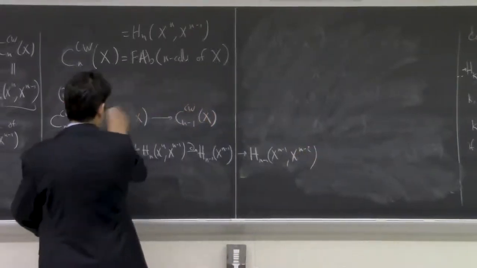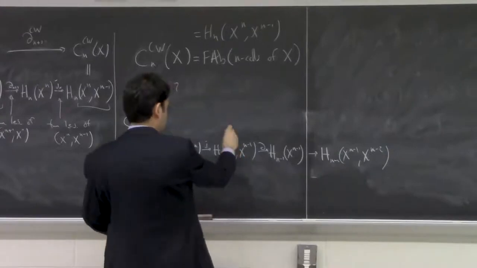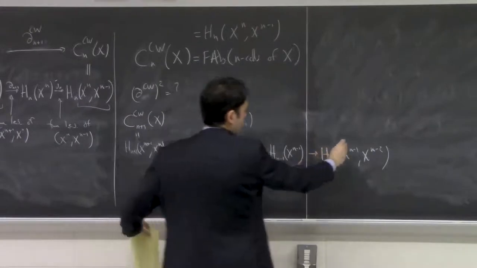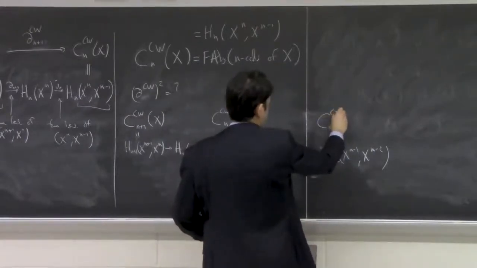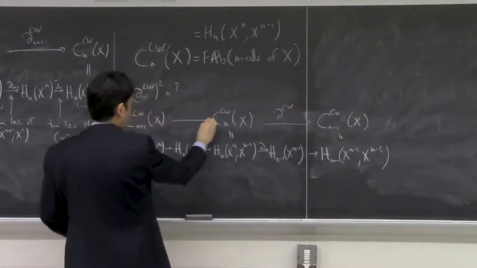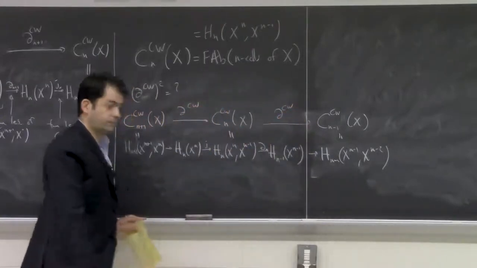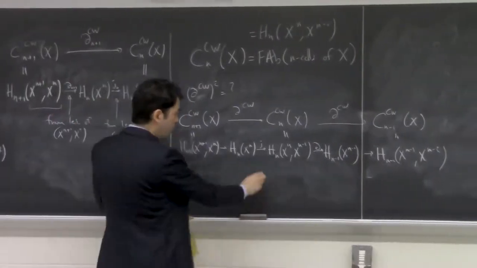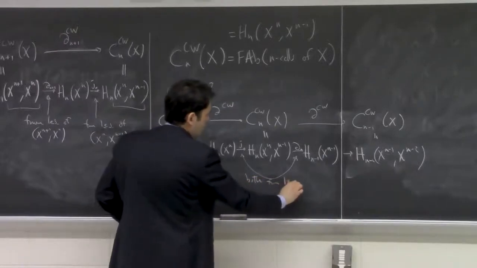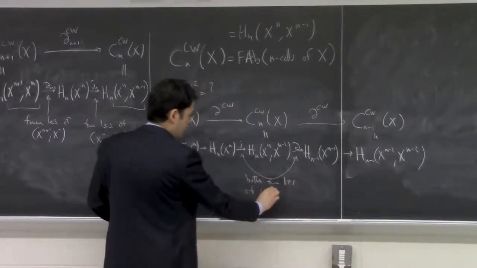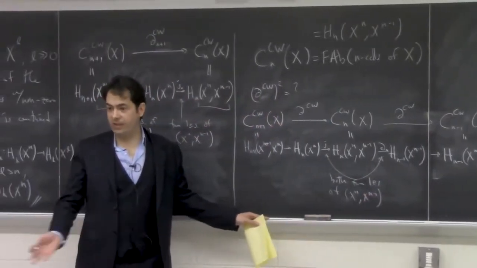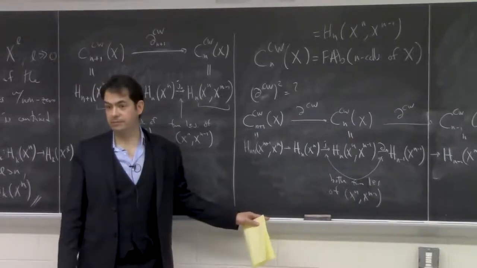Okay, let's make this match up. So the point is that these are both from the long exact sequence of Xn minus 1. Right? And if you compose two consecutive maps in the long exact sequence, you get 0.